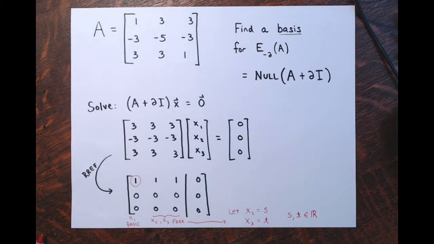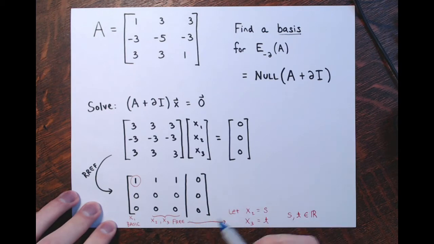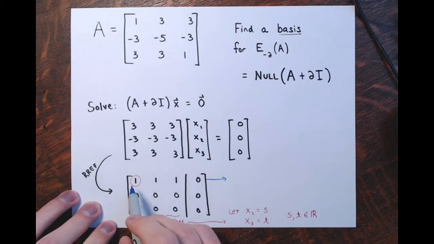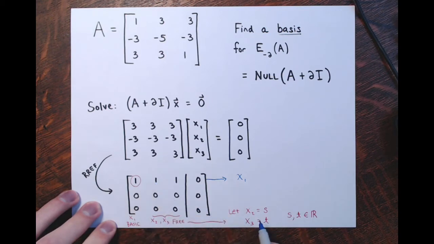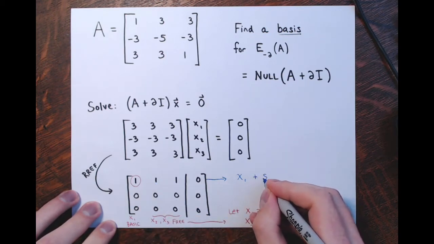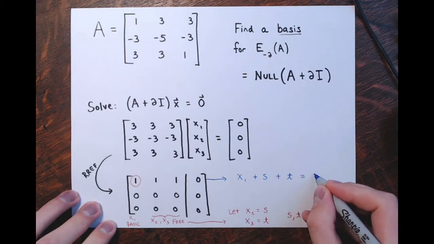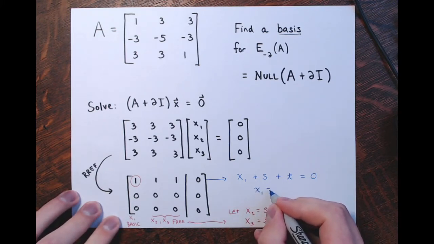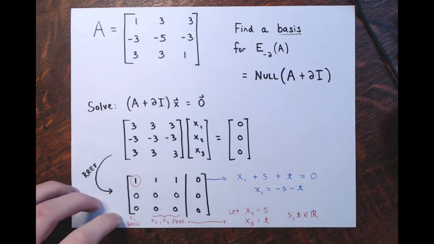Alright, well then from that, the only row that really means anything here that helps us find solutions, this is 0 equals 0, this is 0 equals 0, you can ignore those, is this first row. And the first row is stating that 1x1 plus x2, which I'm calling s, plus x3, which I'm calling t, is equal to 0, and then I can solve for x1 in terms of these free variables. So x1 would have to be the opposite of s, minus t, just subtracting s and subtracting t.